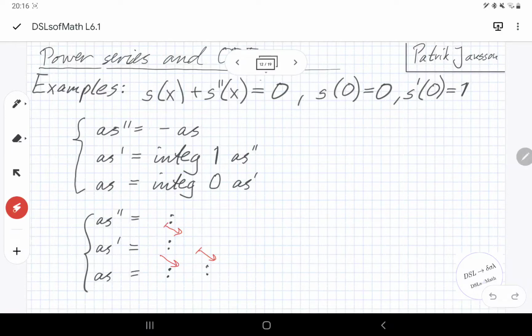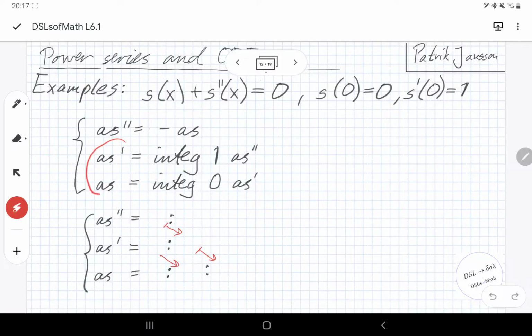Okay, and now let's see, we should use this pattern that we take the highest order derivative. In this case, that's AS double prime. We should express that in terms of the right-hand side and the other terms. In this case, it's just minus AS. Just move this over to the other side.